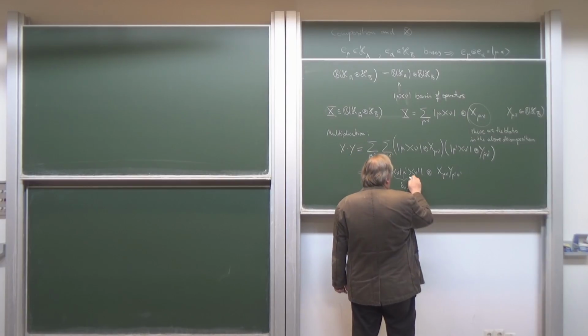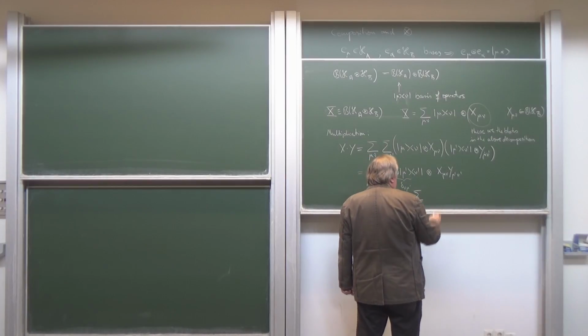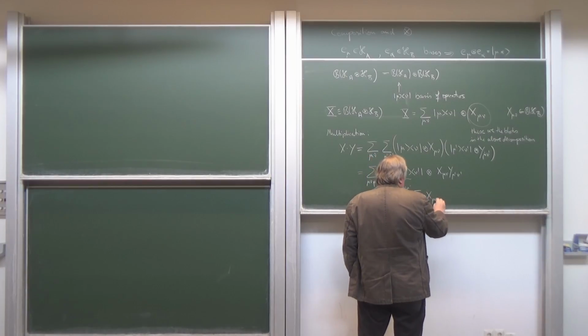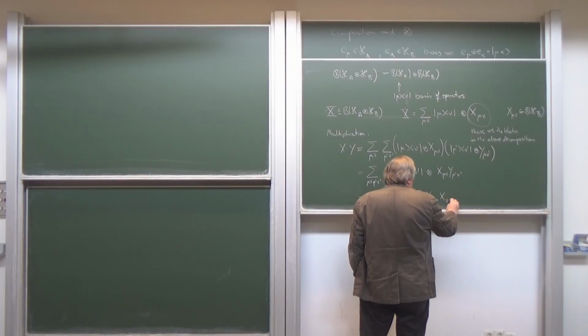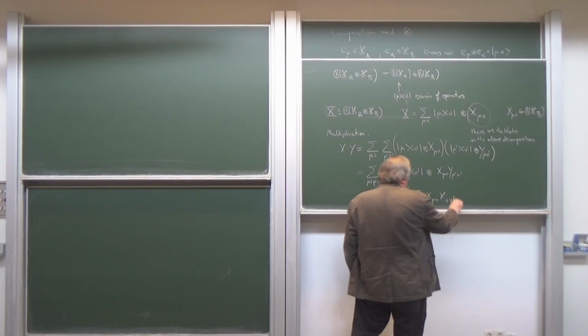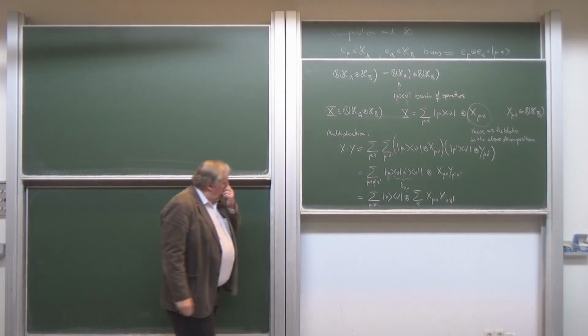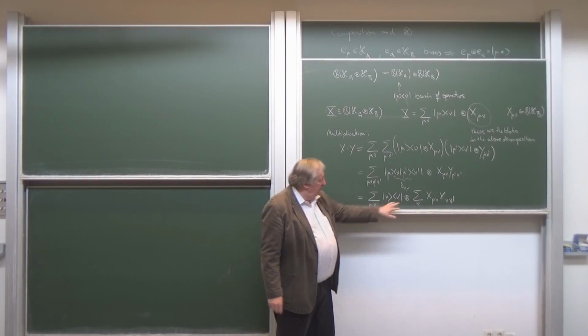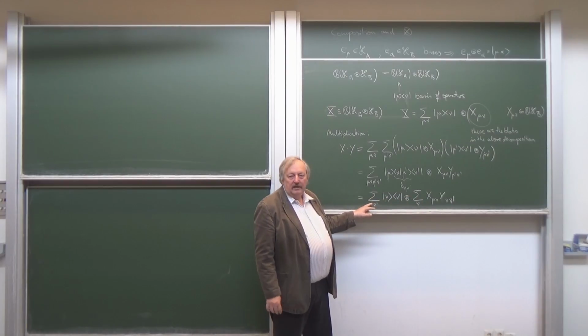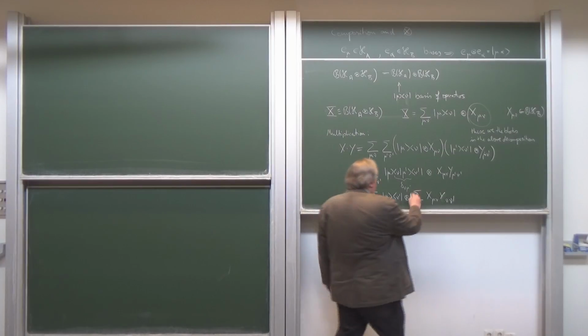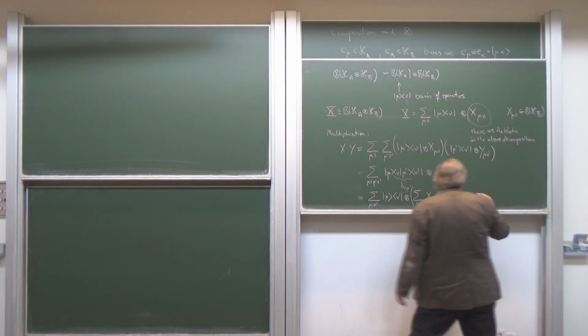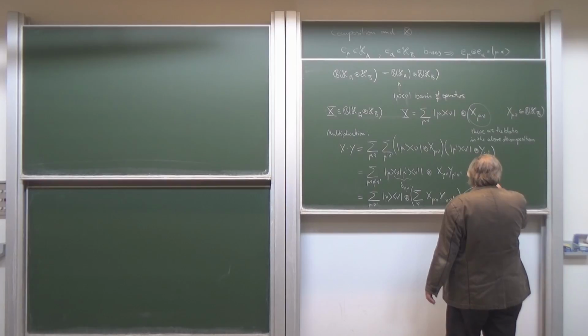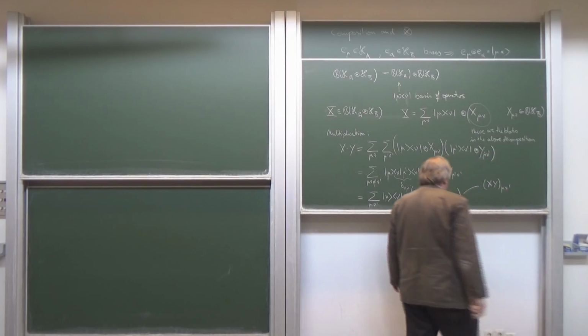Then I can put a sum here of the remaining index, that used to be nu, x mu, y mu prime. I've reorganized the sum a little bit; the sum could be outside as well. I've moved the sum in to emphasize that this is actually xy and the matrix element mu prime.